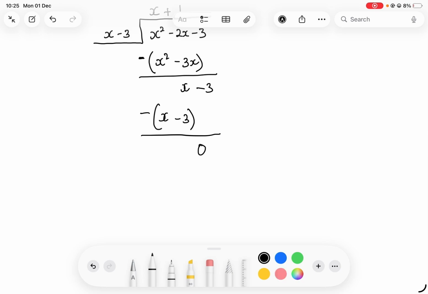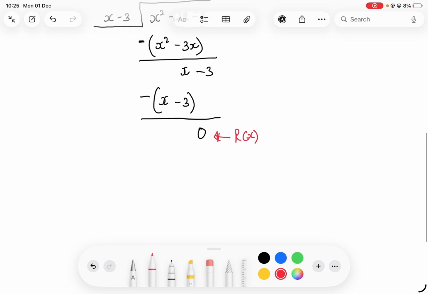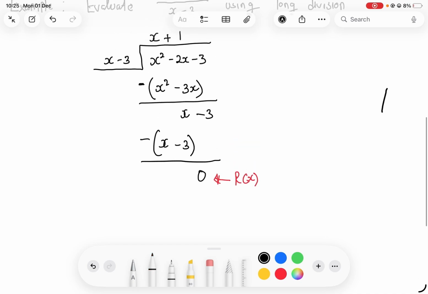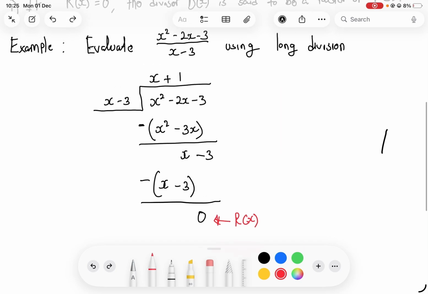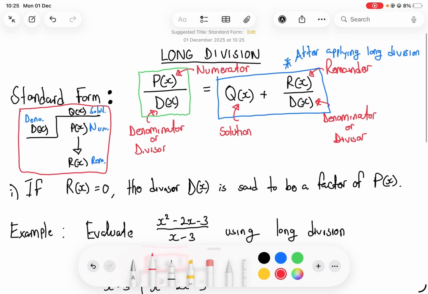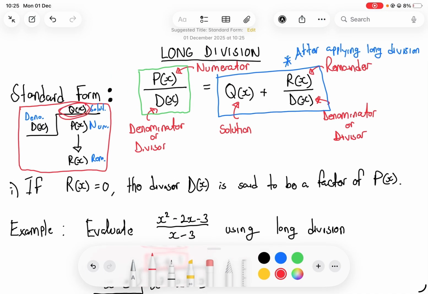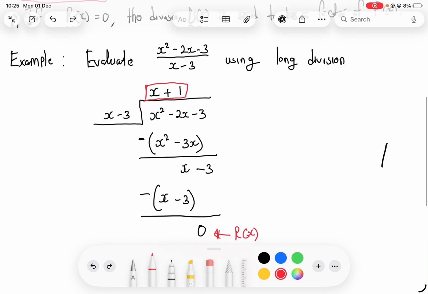Which means this now is my remainder. So this is my remainder, which means this now is my q of x, the solution.